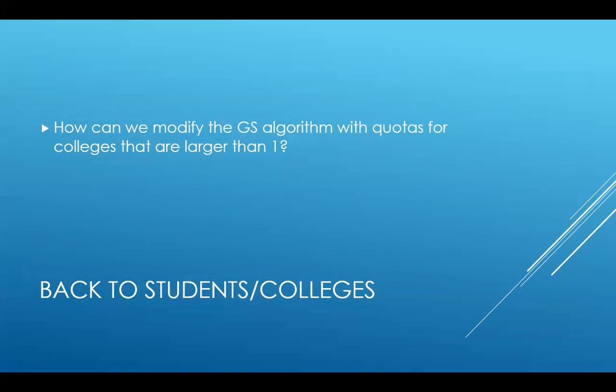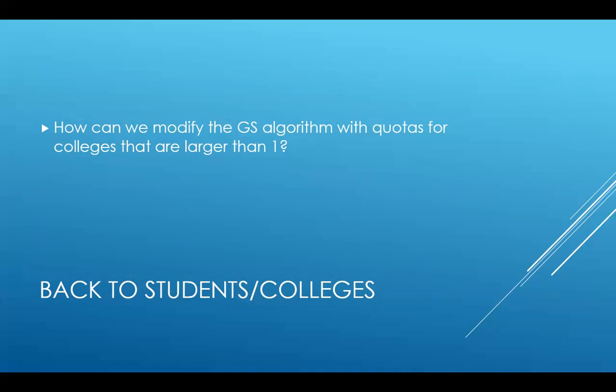So what would happen is a college would have a certain quota that they would want to meet. The students would all propose to their top college choices, yes? And every college would keep as many proposals as they have a quota to keep. Does that make sense? So like if they have 5 students that they're willing to admit, they might keep as many as 5 proposals, don't you see?